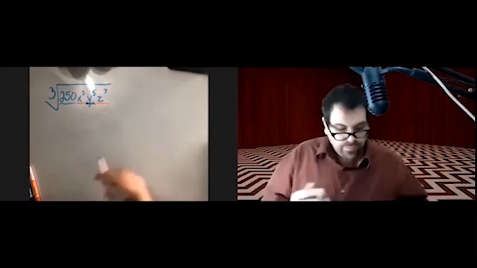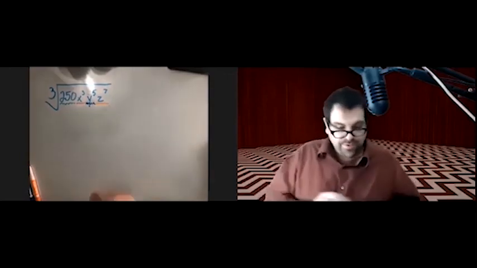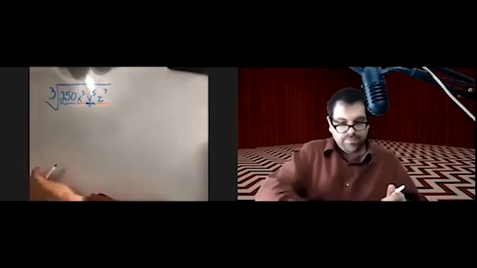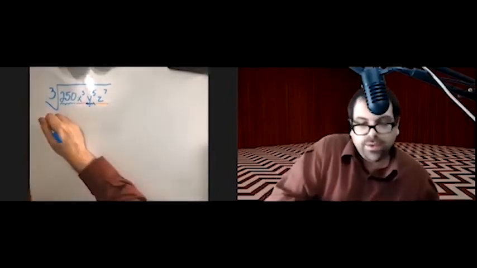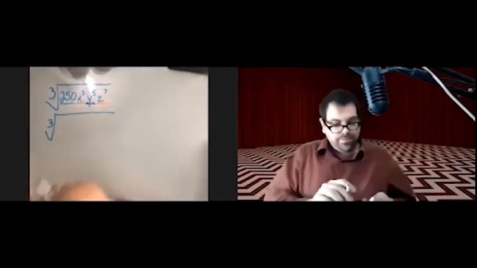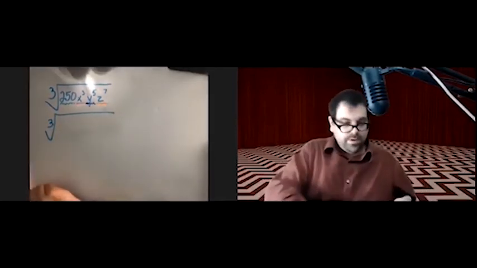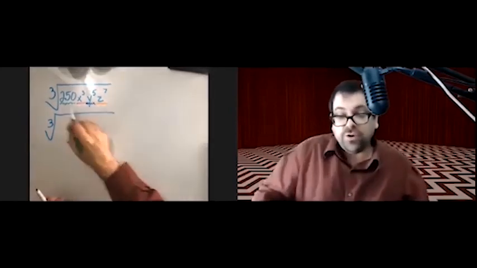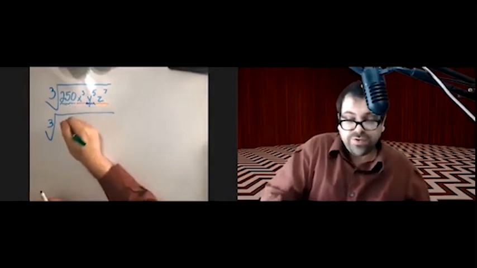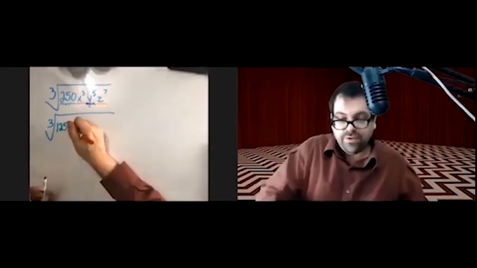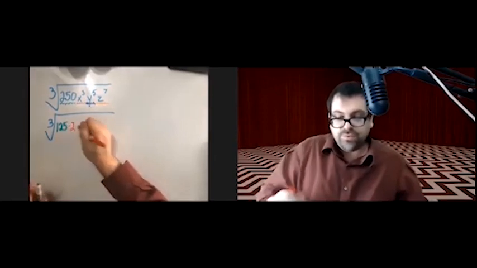So we have the cube root. What are our perfect cube pieces here? 250 is 125 times 2.